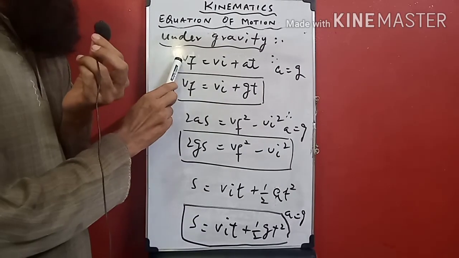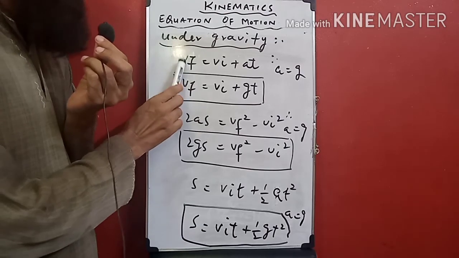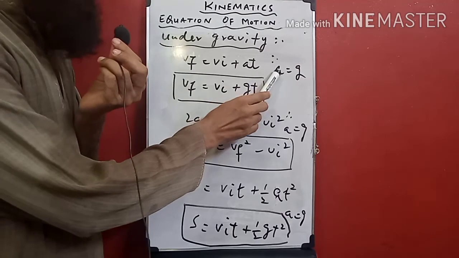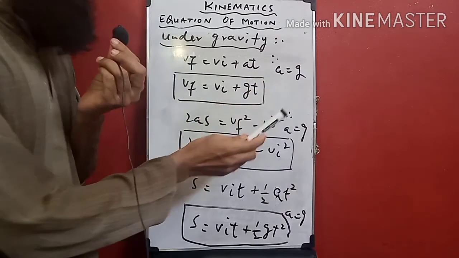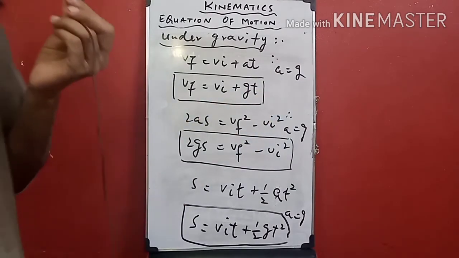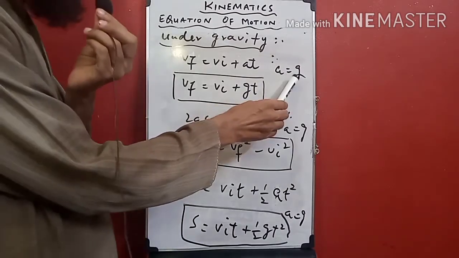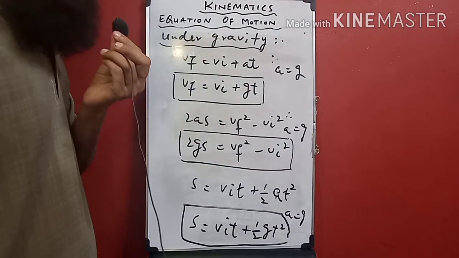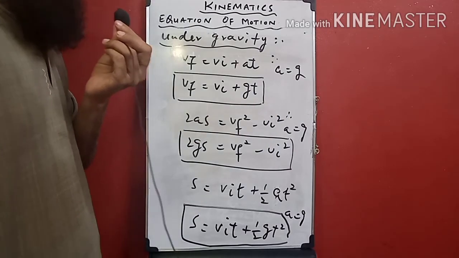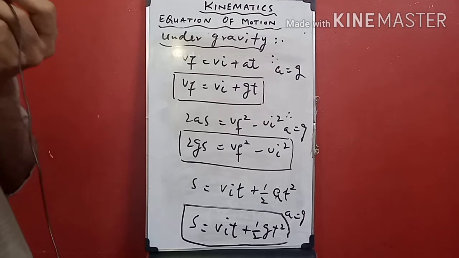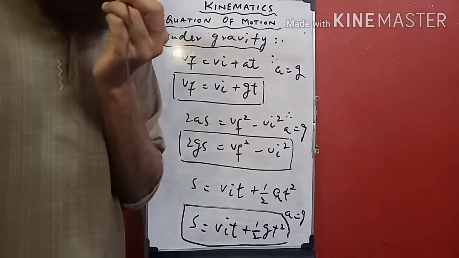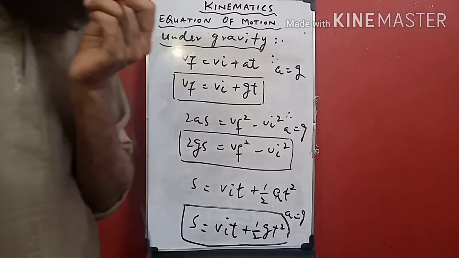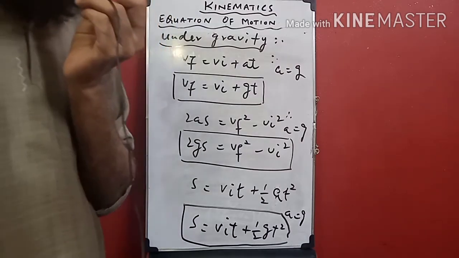Students, first I write the equation of linear motion, Vf equals Vi plus At. If A is equal to G, when the body comes from a height towards the earth, G is taken as positive. This G in physics is known as acceleration due to gravity, and it has the same value at all places on the earth, 9.8 meter per second square.